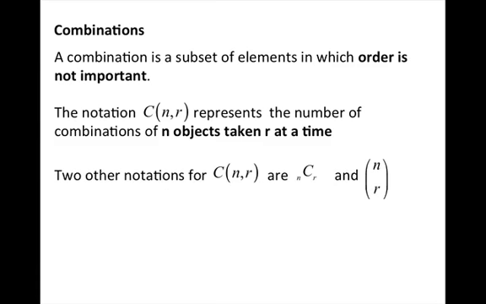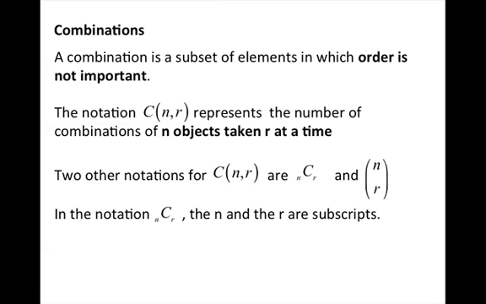There are 2 other notations for combinations. Like permutations, I could have a capital C with a subscript N in front of it and a subscript R behind it. The final notation for a combination is an N over an R, and it looks like a fraction without the fraction bar, and that's enclosed in a parenthesis.